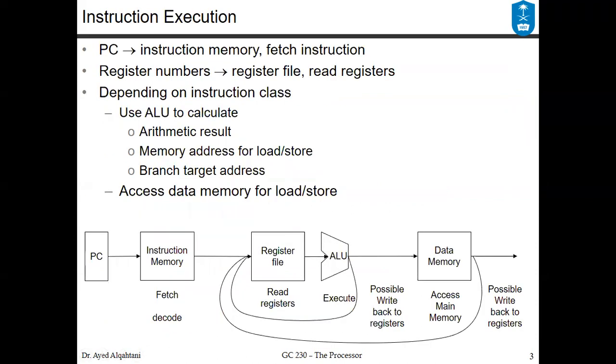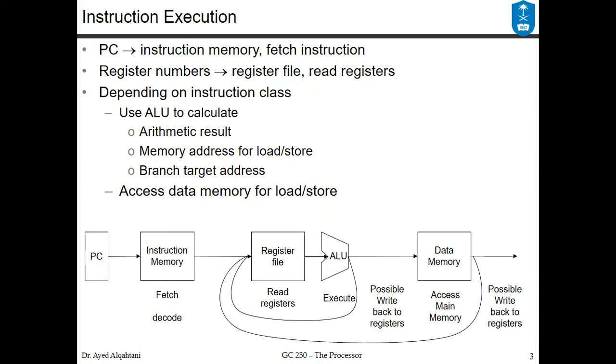Now, a quick look at what the processor should do. Mainly, it should do the instruction execution by starting at the beginning in the program counter, and the program counter has the address of the instruction that we should execute at the moment.